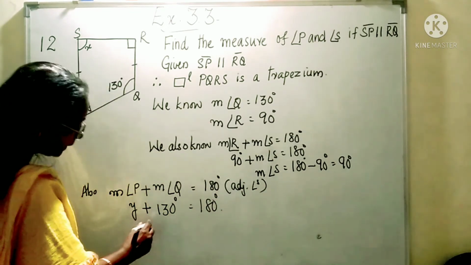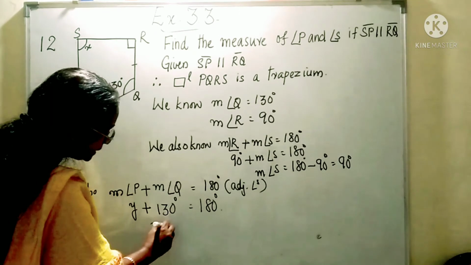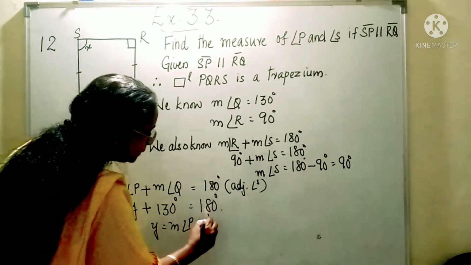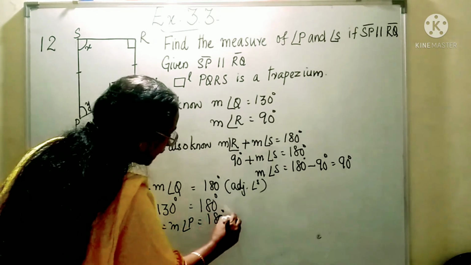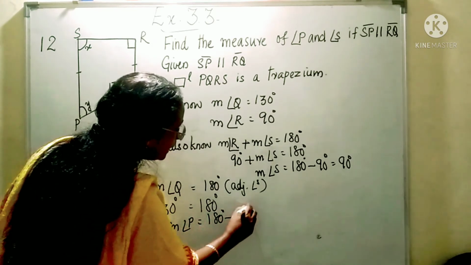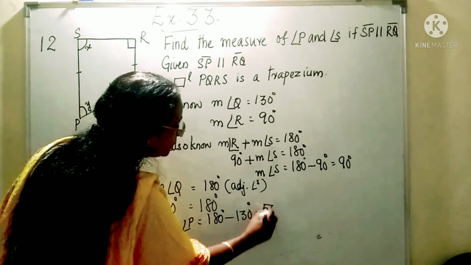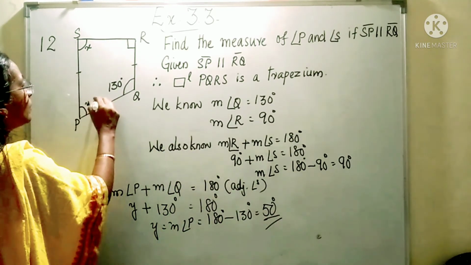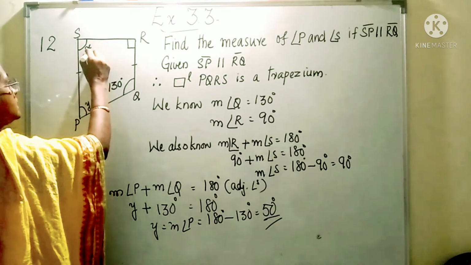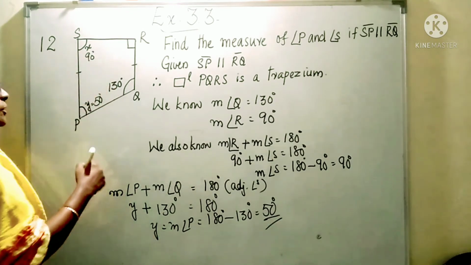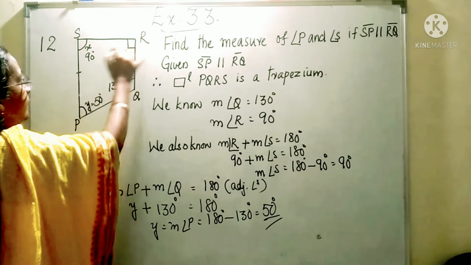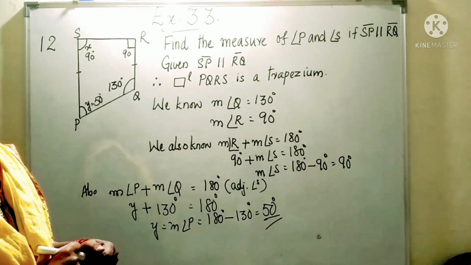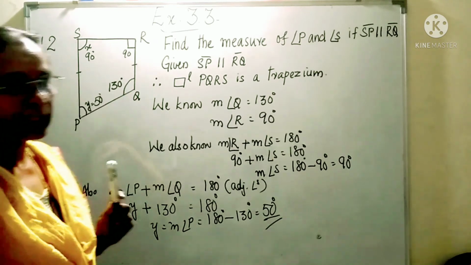Therefore, Y, which is equal to measure of angle P, is equal to 180 degrees minus 130 degrees, which is equal to 50 degrees. So this angle is equal to 50 degrees and this angle is equal to 90 degrees. This is already 90. So we got all four angles of the quadrilateral, which is a trapezium.